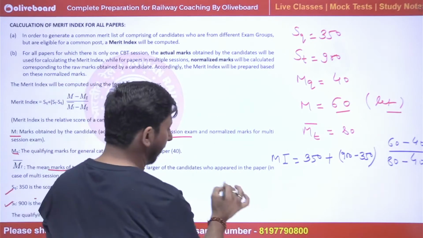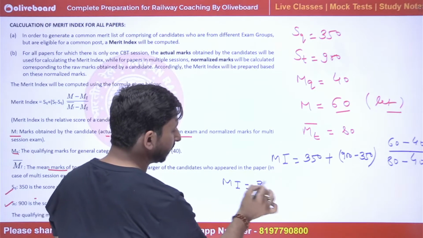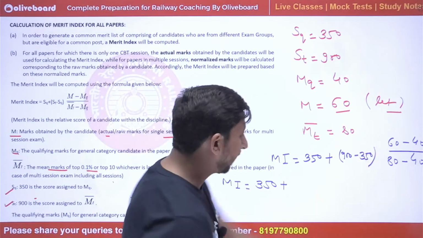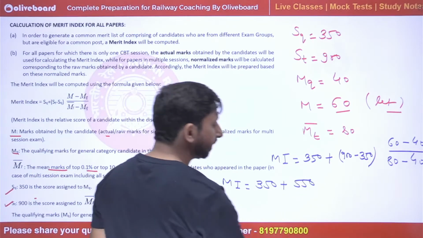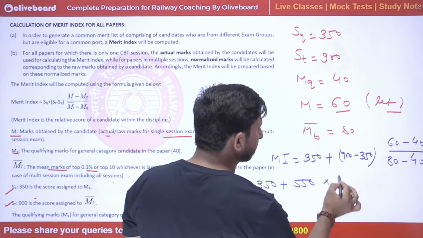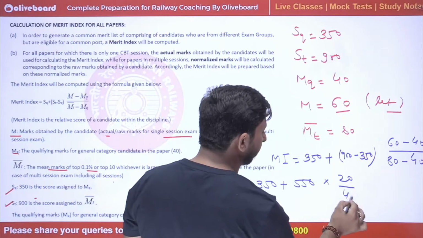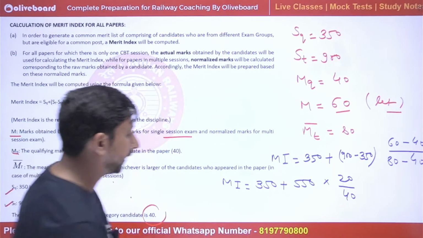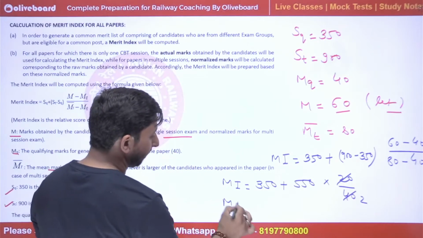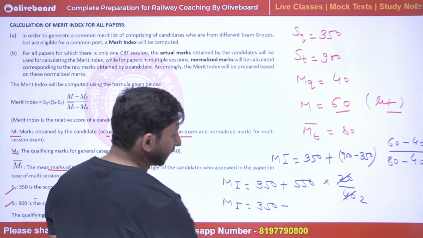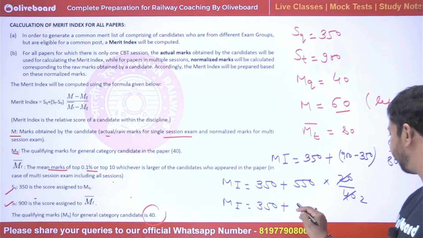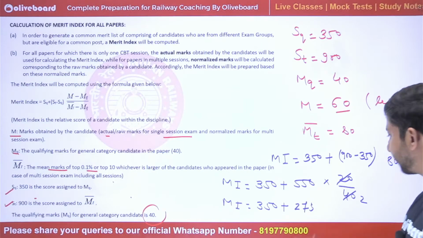When I solve it, I'll get the merit index: 350 plus 900 minus 350, that is 550. 550 multiplied by 60 minus 40, that is 20, divided by 80 minus 40, that is 40. I hope you all are getting this. So 20 divided by 40 is 1 by 2, so 550 into 1 by 2. This comes out to be 350 plus 550 divided by 2, that is 275.